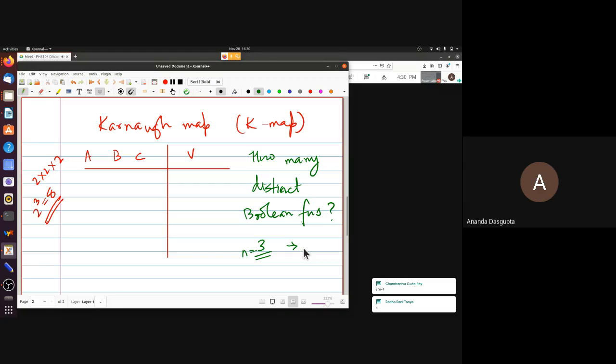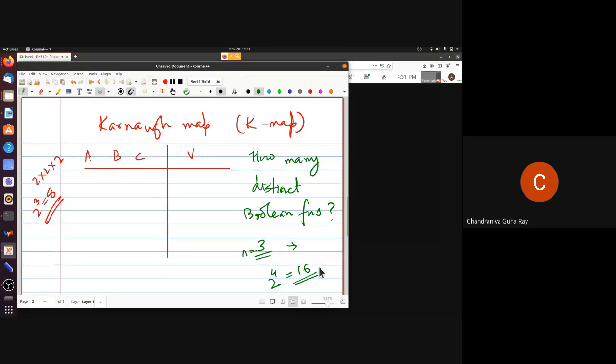To the n plus 1. Why n plus 1? So you mean to the 4, that is 16 for this particular case? Yes, sir. Could you argue that? Why should it be to the 4?